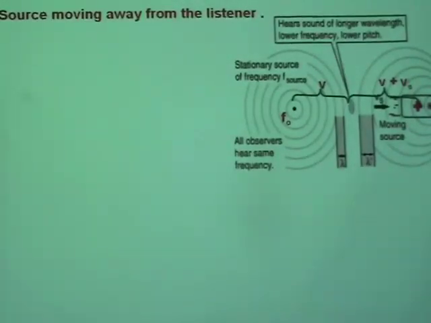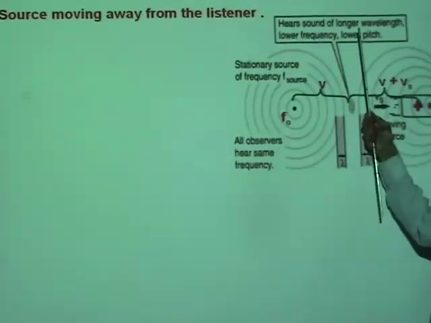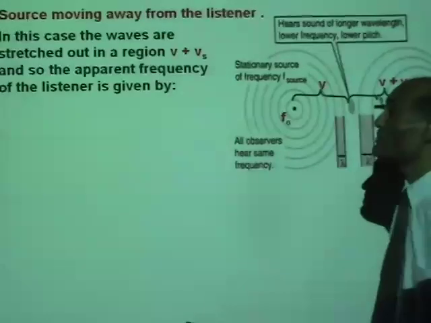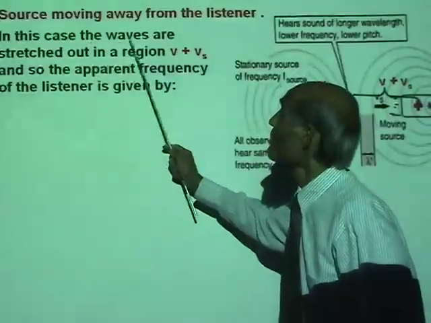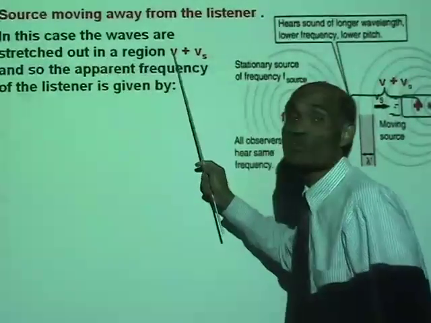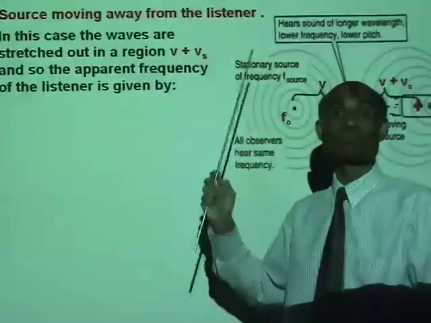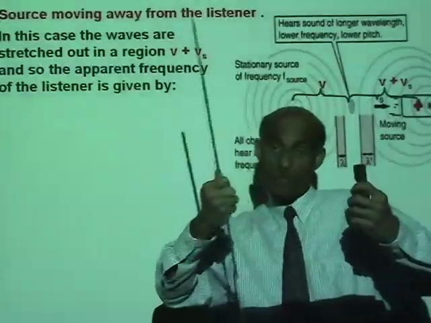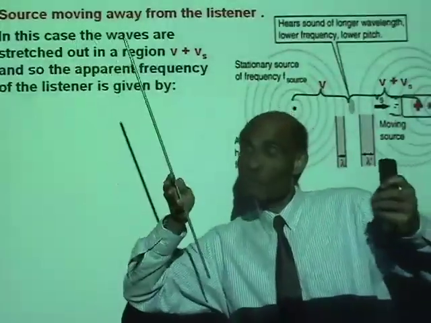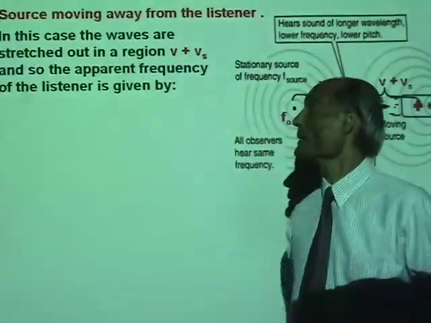Well, when the source is moving away from the listener, the waves in front of the listener get stretched. In this case, the waves are stretched out in a region v plus vs. You see, because there is more space for the waves because the source is moved away.